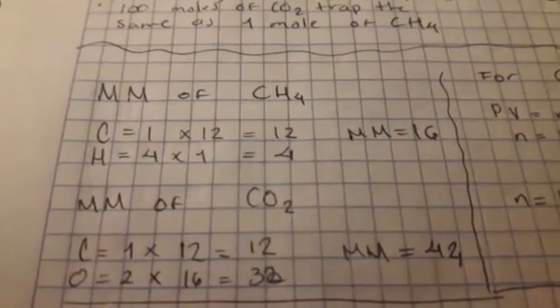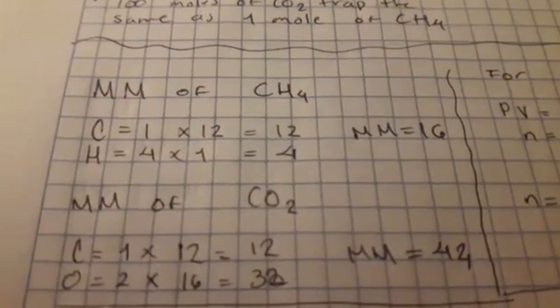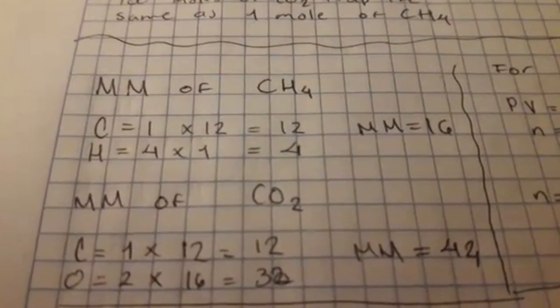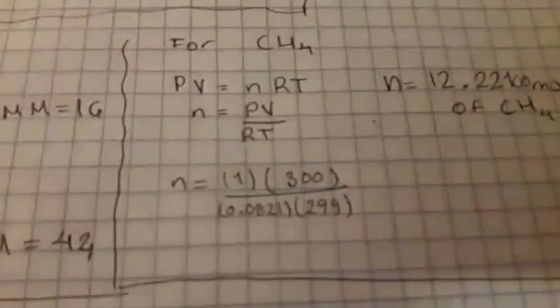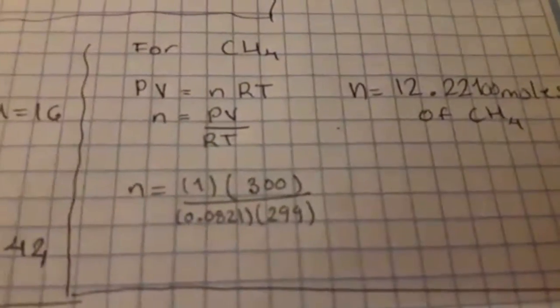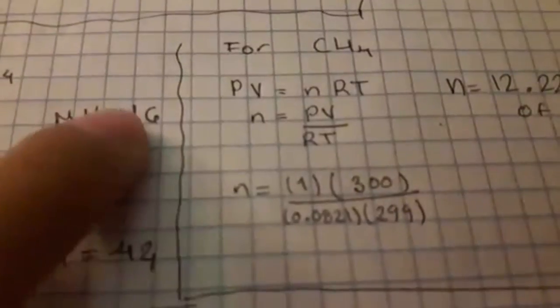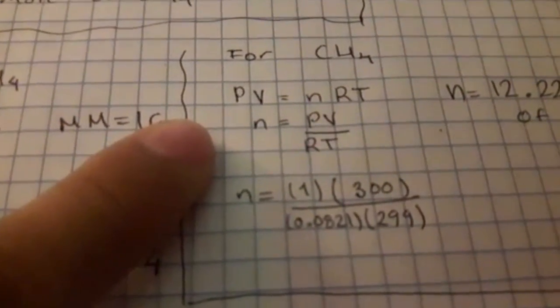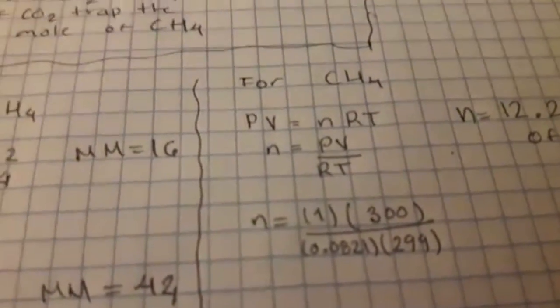I will start with methane. I would like to start calculating this as an extra, but in the problem it is not needed, because we have all that we need, which is moles. So then we substitute the variables. We know that P equals 1, volume equals 300.